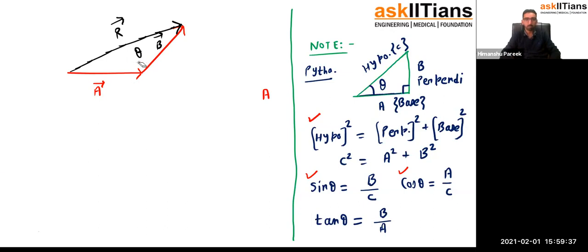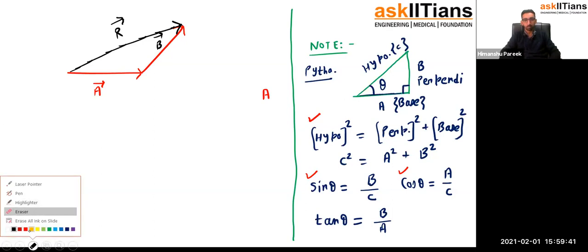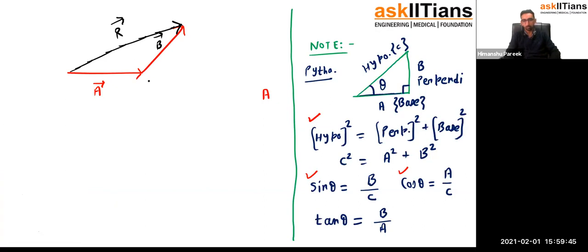This is not the angle between two vectors. As I said before, to show the angle between two vectors, you are supposed to join them tail to tail, right? Okay. So I will just extend this A vector a little bit. Somewhere here, the tail would be coming. And now this would be the angle between the vectors.